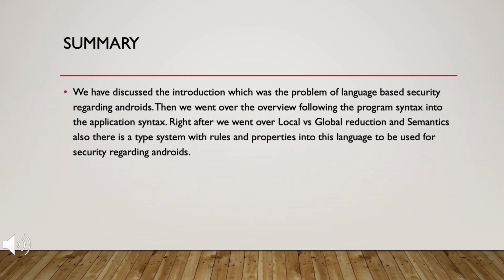Then we went over the program syntax, which was the syntax for Avik's own language. Then we went over the application syntax and how a program runs with a permission. Then we went over local and global reductions, which were followed by semantics. Then we went over type systems.